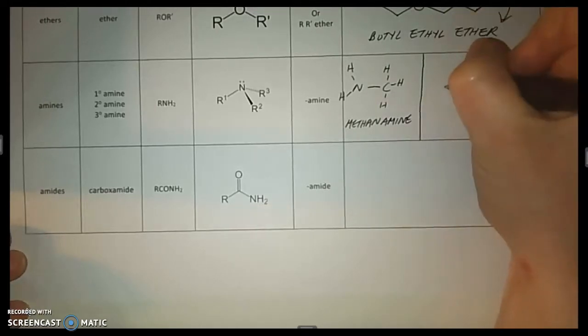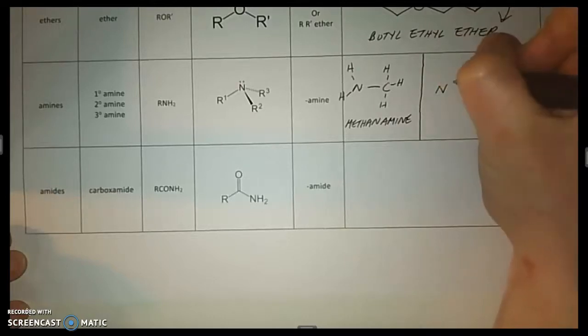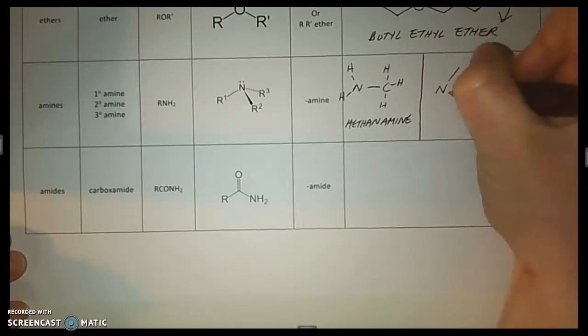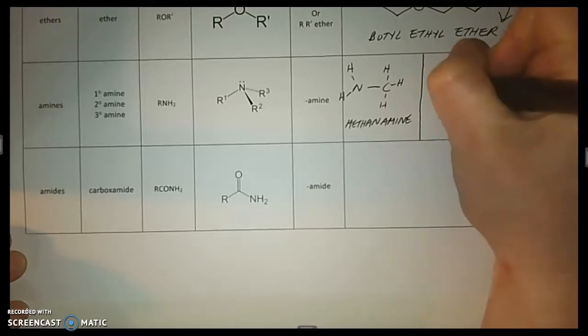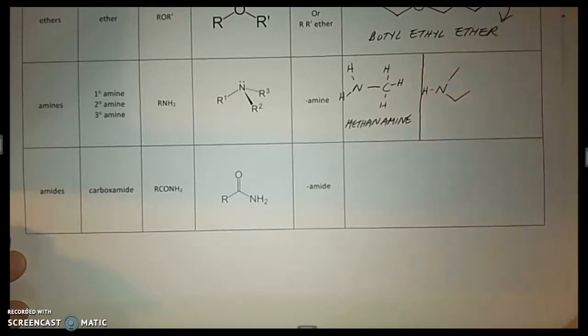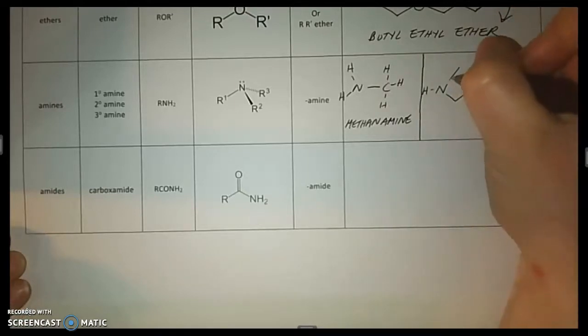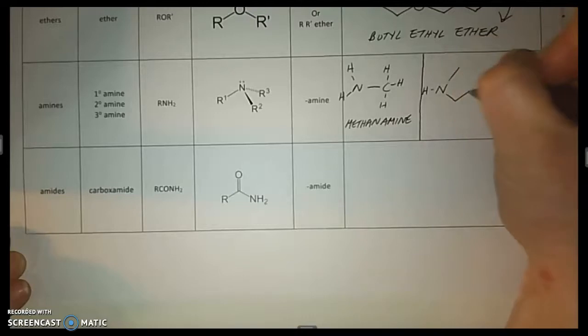Next would be a secondary amine. So this is an amine that would have 2 bonding spots to hydrocarbon chains. Let's say I have 1 methyl group and 1 ethyl group on my amine. That means I still need a hydrogen on there. Now, I have to pick the longest chain that's bonded to the nitrogen as my main chain.